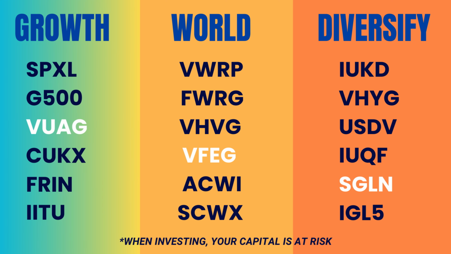Now let's jump into that selector. So far we have covered growth ETFs, and we've also covered world ETFs. But let me tell you that if you choose Vanguard's VUAG and if you choose VWRP, essentially 40% replication you could see from these two ETFs.